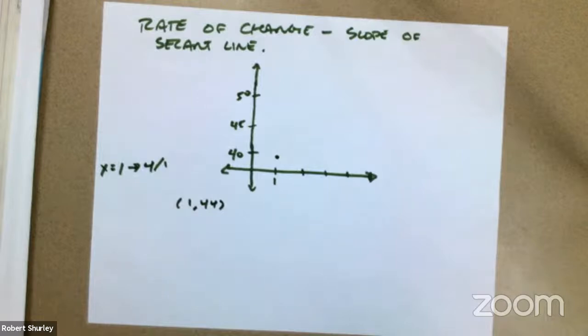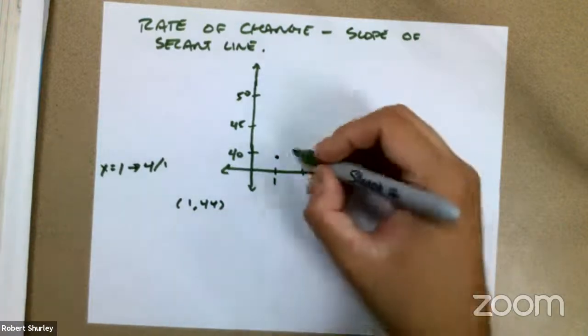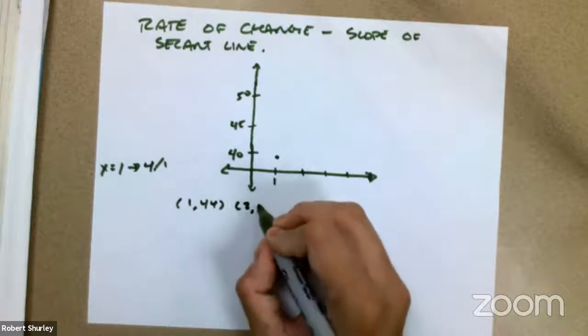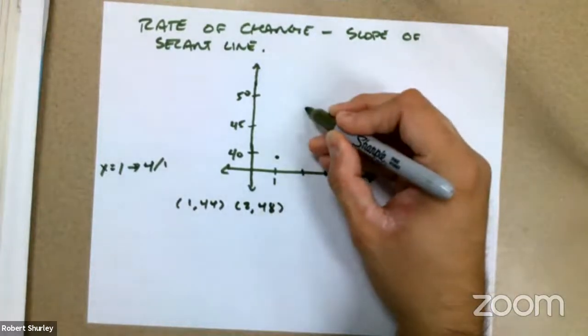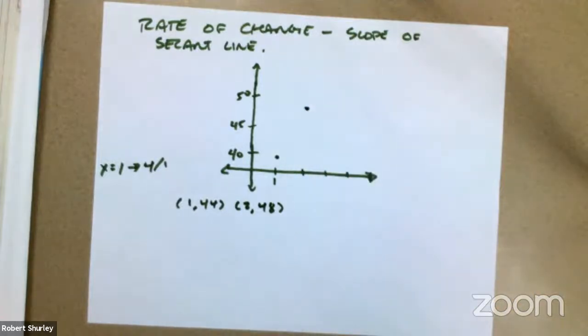And then a month later, May 1st, we're at $48. Hey, we're making money. $48, right? And then June 1st, we're at $51.